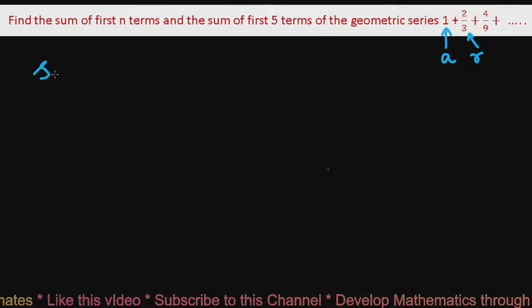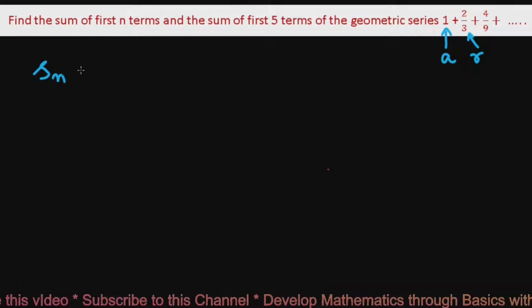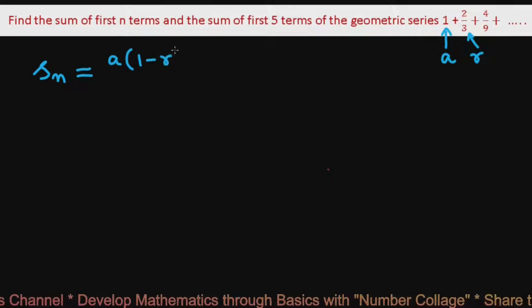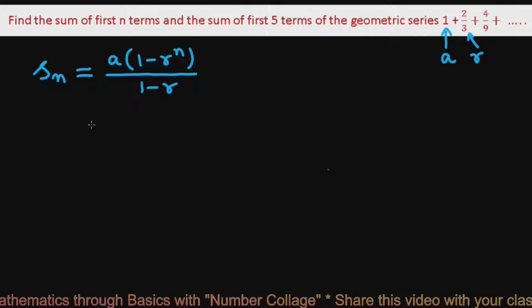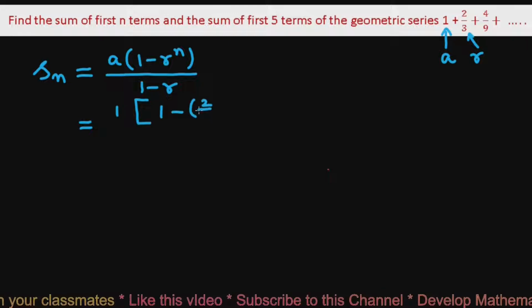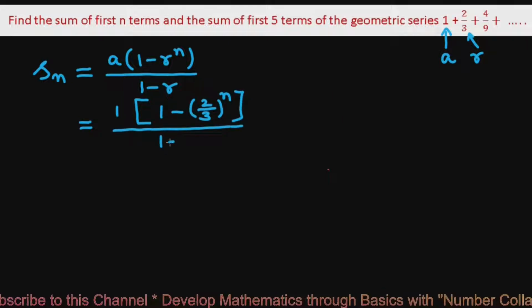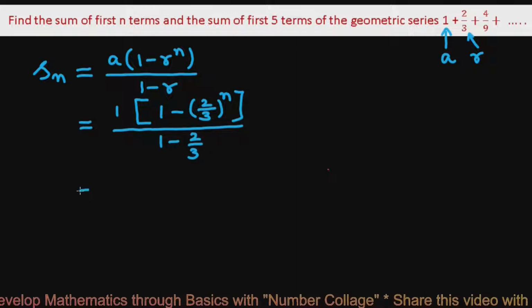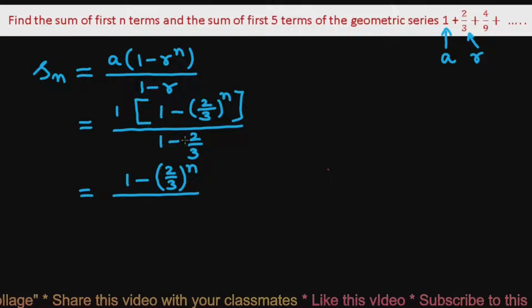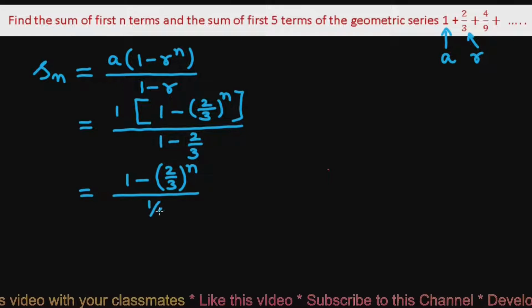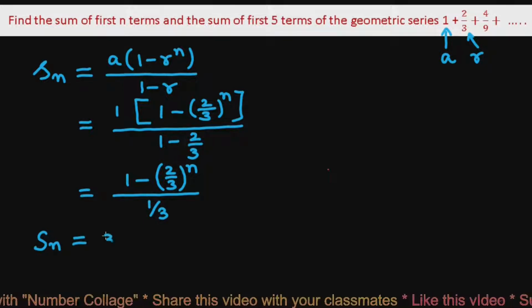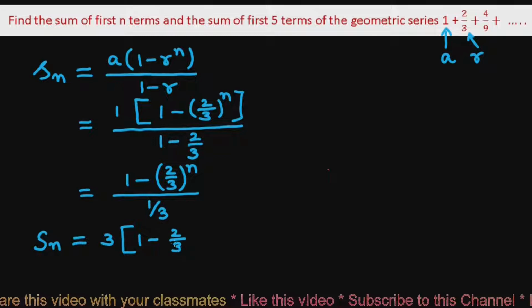So we write sum of first n terms of this GP, Sn equals first formula A times 1 minus R power n upon 1 minus R. Now by using the values, 1 multiplied by 1 minus 2 by 3 power n upon 1 minus 2 by 3. So that will be 1 minus 2 by 3 power n upon 3 minus 2 upon 3, that is 1 upon 3. So sum of n terms of this GP will be 3 times 1 minus 2 by 3 power n.